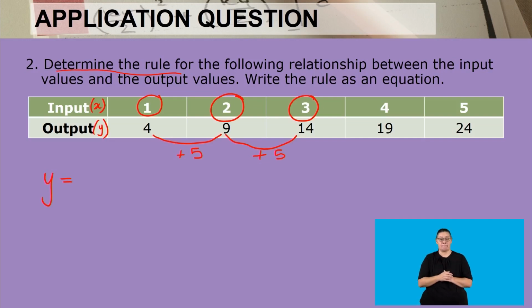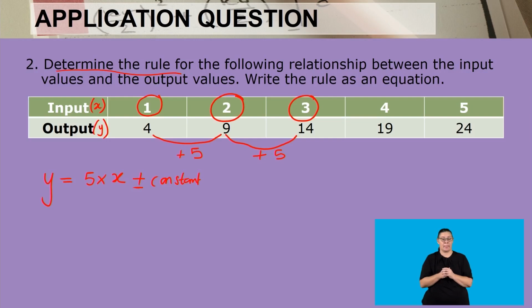By taking that constant difference that we are seeing there, which is going to be our 5, and we are going to multiply this by the input value, which in this case is our X. And again, we are still going to add or subtract a constant just so that we can see what the pattern is. Now, you can take any input value here as long as you use the corresponding output value.